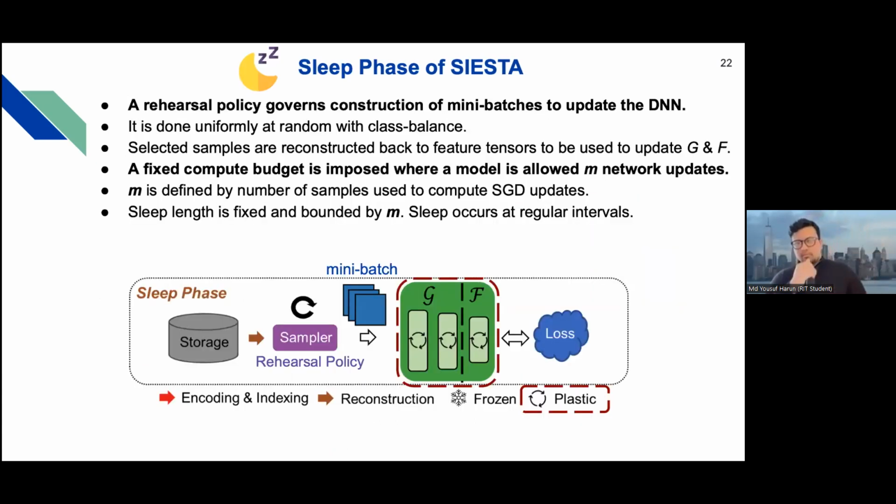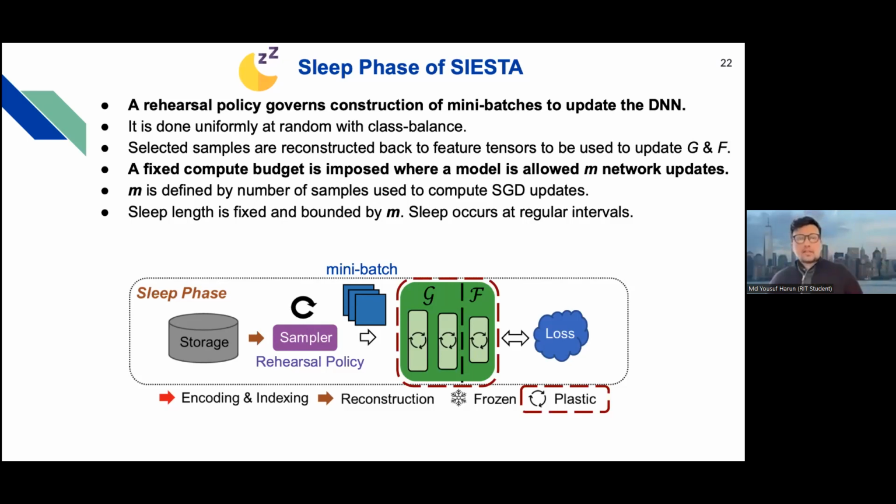What happens during sleep is we reactivate some of the old information using a rehearsal policy. The rehearsal policy tries to find the important features or data available to update the network over time. For SIESTA, we just adopt widely used uniform random sampling, which is a very strong baseline for large-scale problems. Uniformly, it selects a certain number of data, constructs a mini-batch, and then updates the network iteratively.